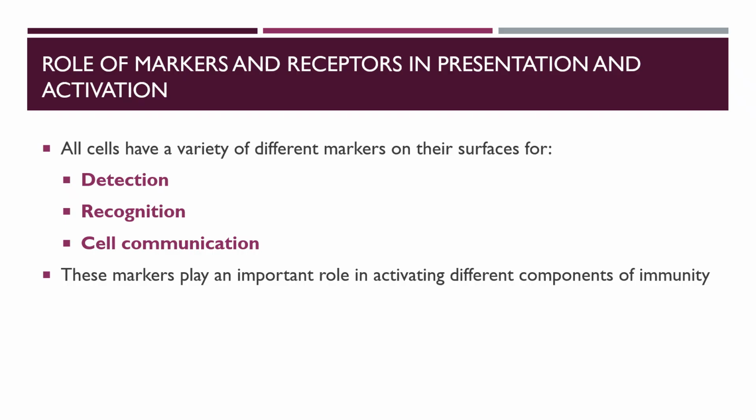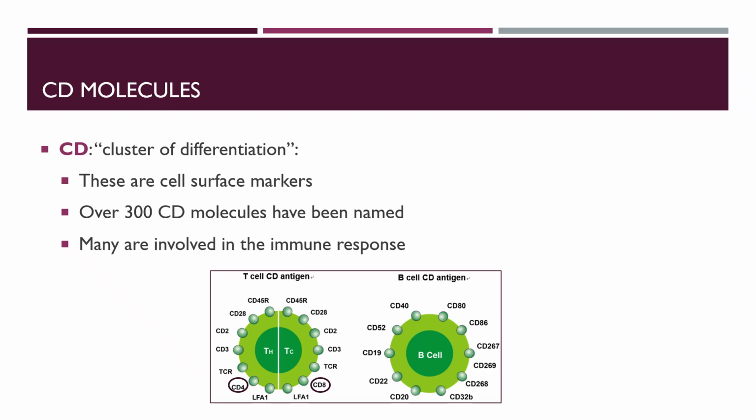Those markers play important roles in activating different components of immunity. CD molecules, CD stands for cluster of differentiation. These are cell surface markers. There are over 300 CD molecules that have been identified and named. Many of them are involved in the immune response.